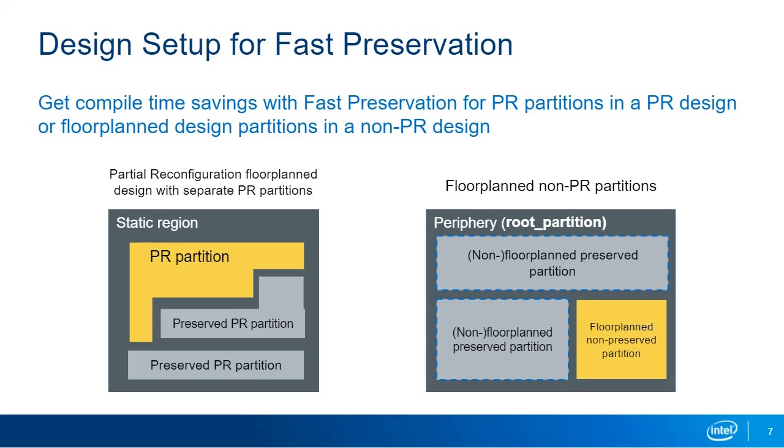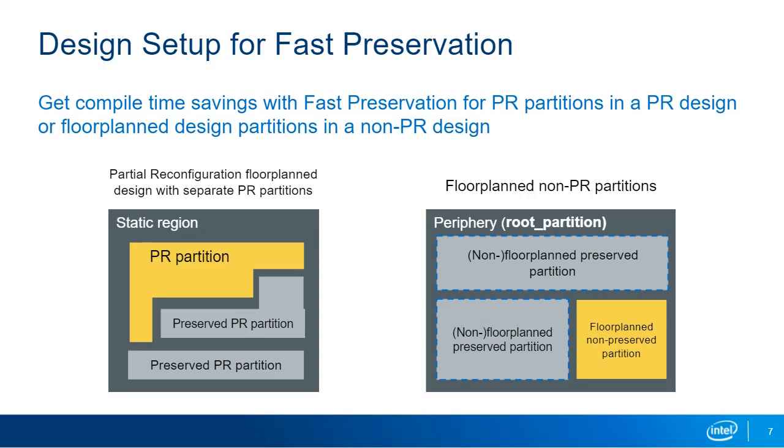Floor-planned PR partitions that do not require recompilation or optimization are preserved using design partition preservation level assignments. Fast preservation will allow the yellow PR partition to be recompiled quickly.